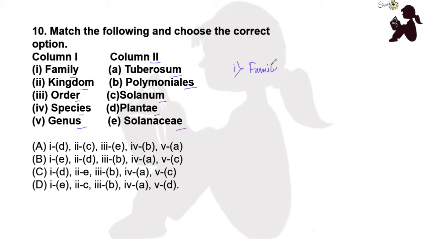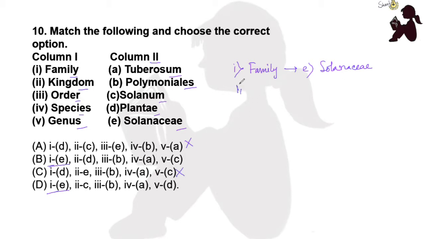So here the family name will be Solanaceae. Okay. So here Solanaceae is given in two options, option B and option D. So option A and option C are wrong, and the probabilities are between option B and option D.